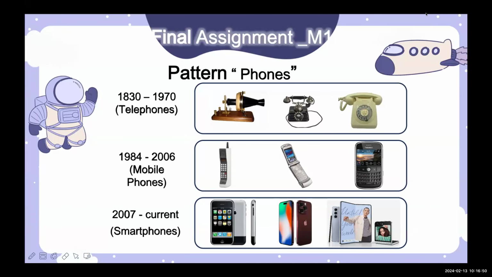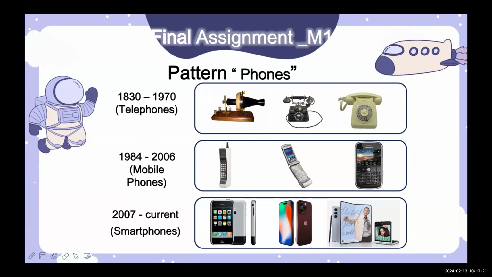Okay, so my analysis is about phones. We have basically three generations of phones. The first one is from the 1930s, where the very first phone was invented by Alexander Graham Bell, all the way to around 1970, which is the last picture here, the kind of telephones we had in our homes back in the day.